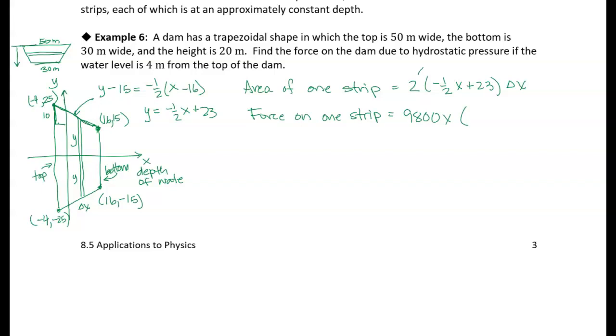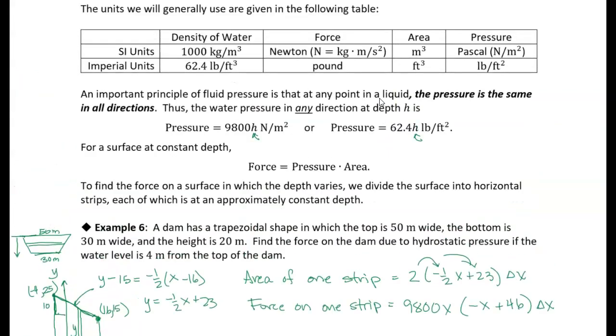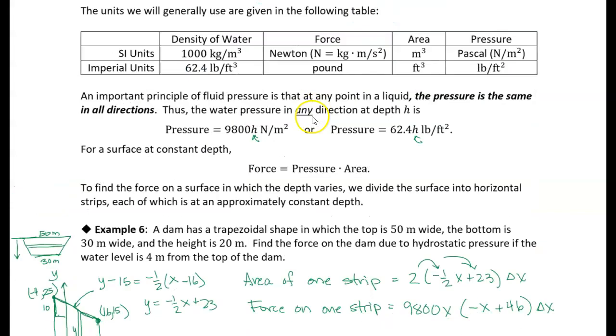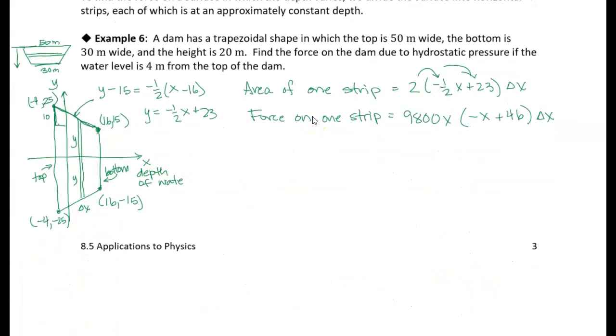Now, if I multiply through by 2, just to make this simpler, I get minus x plus 46, and then delta x. So this 9,800x is essentially my 9,800 h that I had up here. I'm just using x instead of h as my depth.